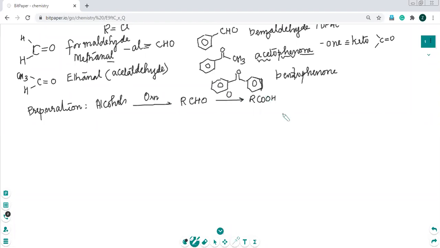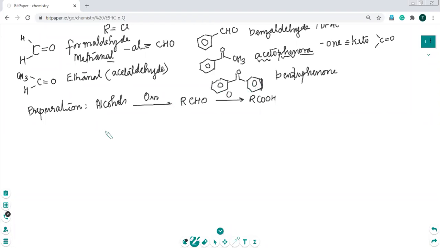So careful reaction conditions are required for the oxidation of this.